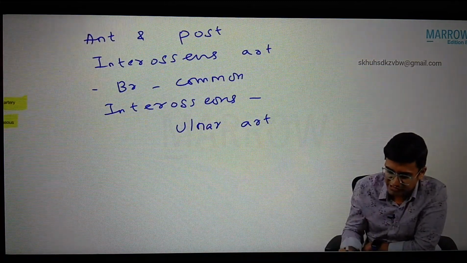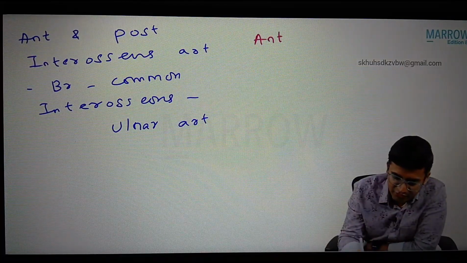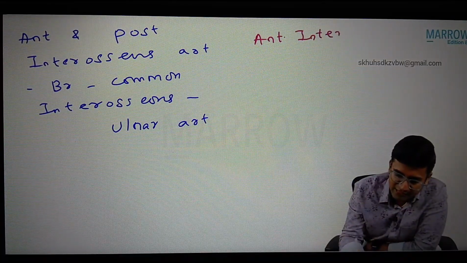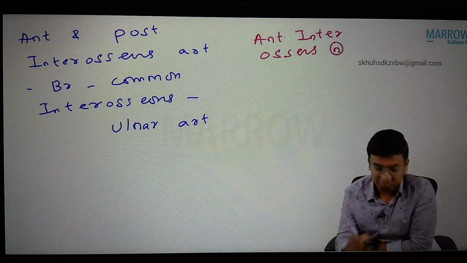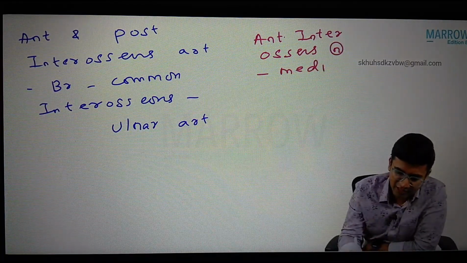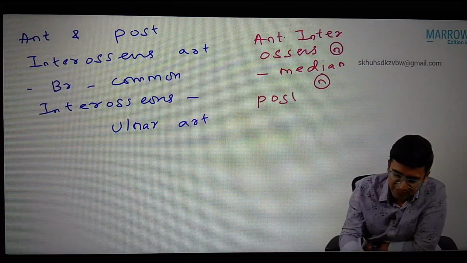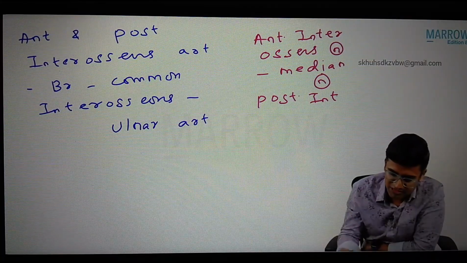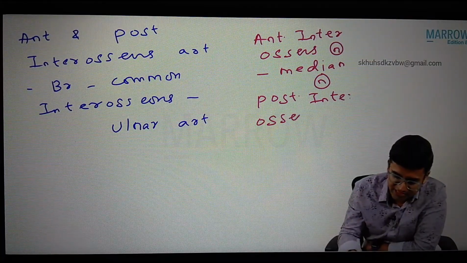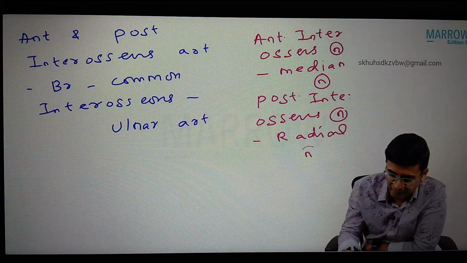We have anterior interosseous nerve and posterior interosseous nerve. Anterior interosseous nerve is a branch of median nerve. Posterior interosseous nerve is the branch of radial nerve.